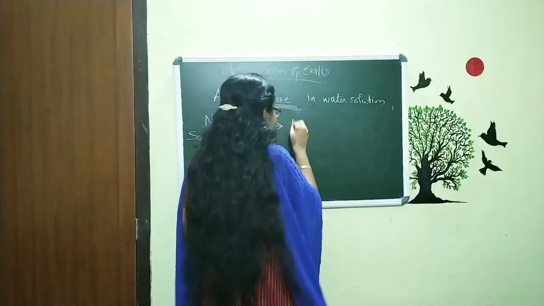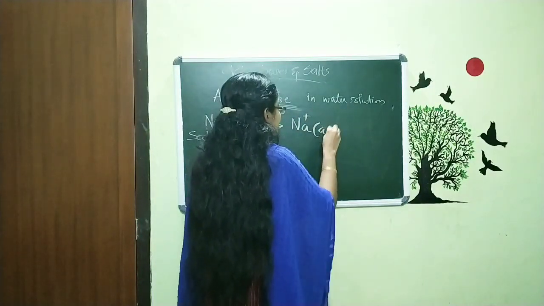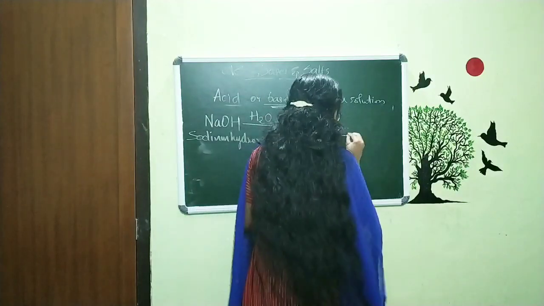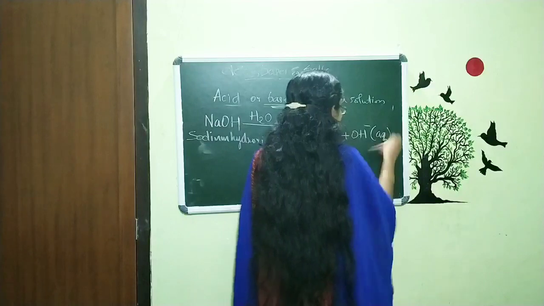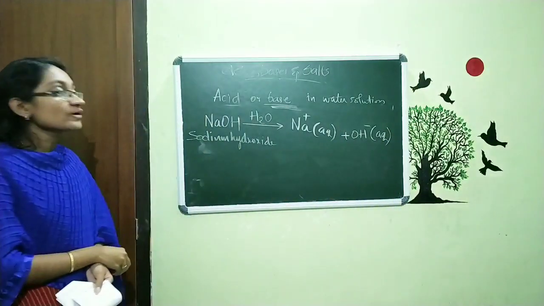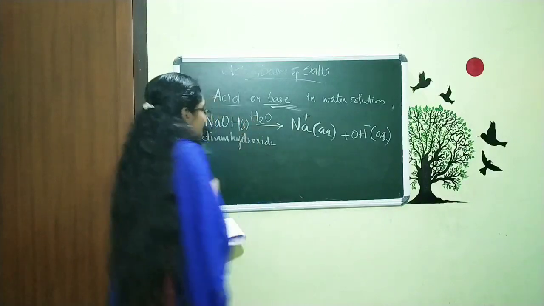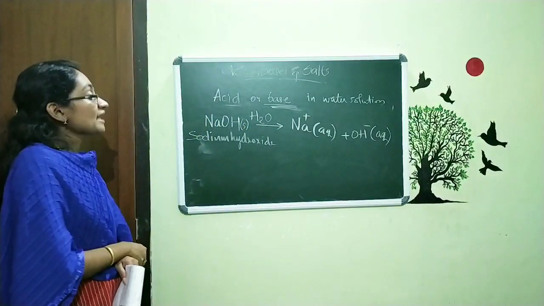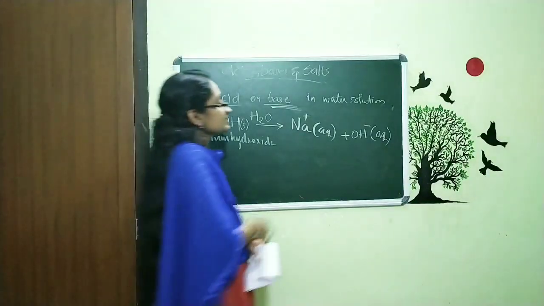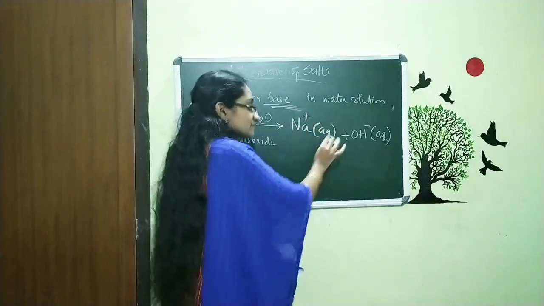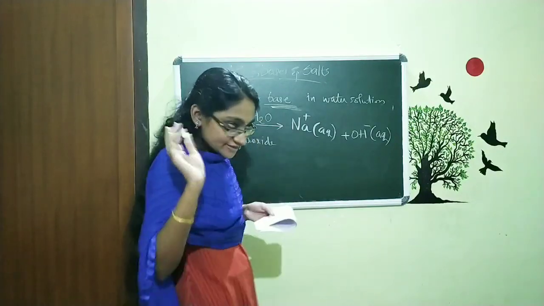We get Na plus in aqueous form, plus OH minus, also in aqueous form. Here NaOH is in solid state. So when solid sodium hydroxide is mixed with water, we get Na plus and OH minus. We will explain this OH minus later.